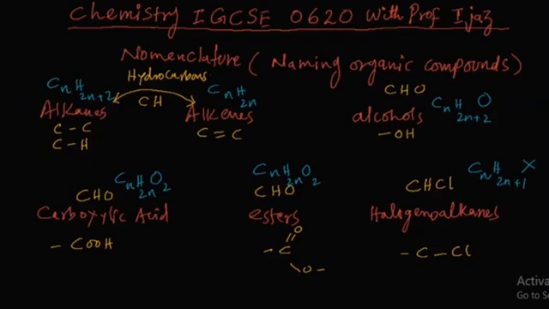But alcohol, carboxylic acid, and ester also contain oxygen, so this formula will also show the carbon, hydrogen, and oxygen ratio. After knowing the ratio of carbon and hydrogen in these organic compounds, you can differentiate those compounds, and then you can do the naming of organic compounds.